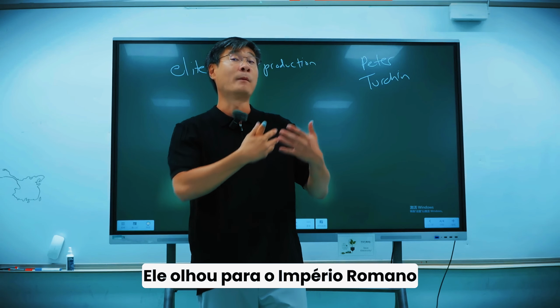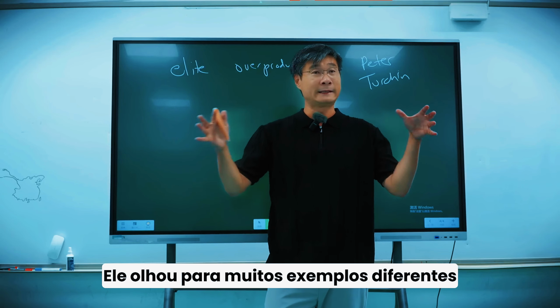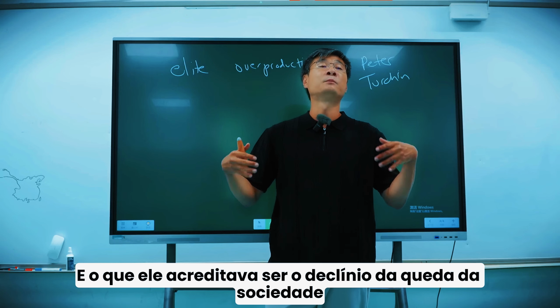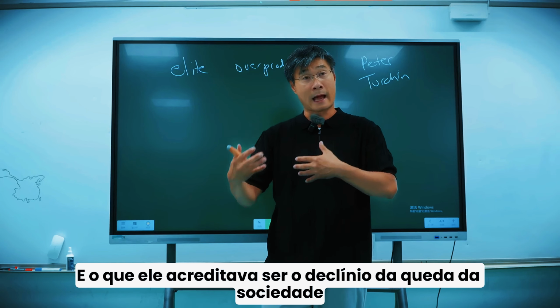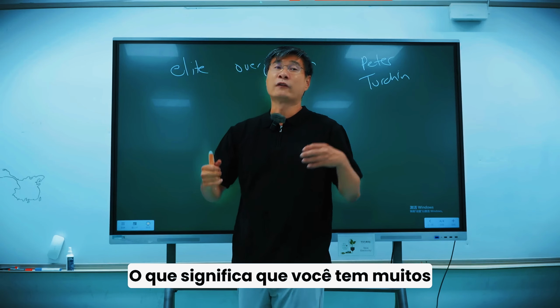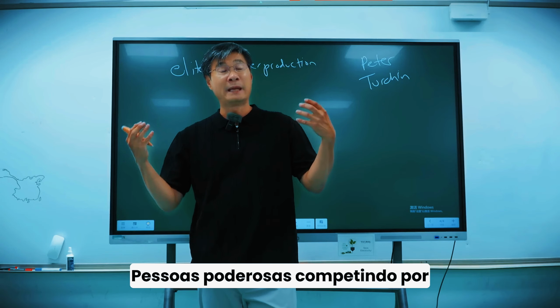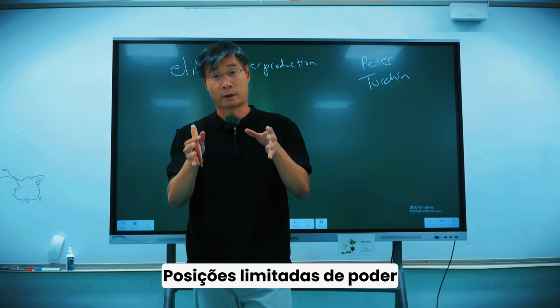He looked at the Roman Empire. He looked at the French Revolution. He looked at many different examples. And what he believed is societies fall, decline, collapse because of the idea of elite overproduction, meaning you have too many powerful people competing for limited positions of power.